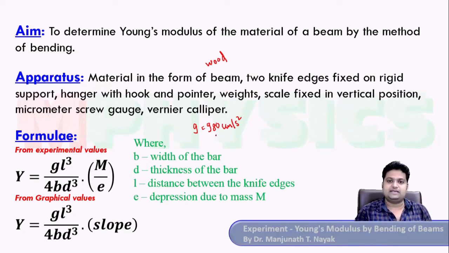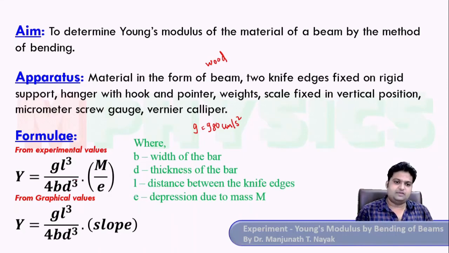So L is the length of the bending that we will be doing. We'll be giving you a beam of 1 meter long, but the knife edges on which we will be applying the load will be about 70 centimeters apart. Then b is the width of the bar and d is the depth, the thickness of the bar. M is for mass, e is for the depression. I will tell you what this depression is.